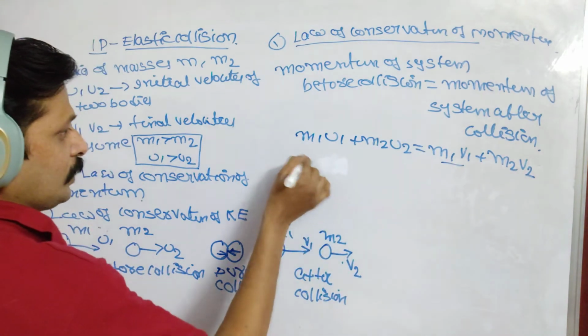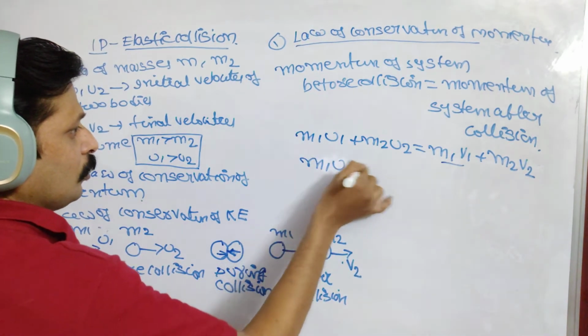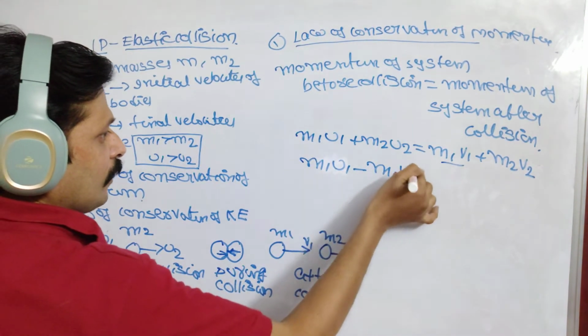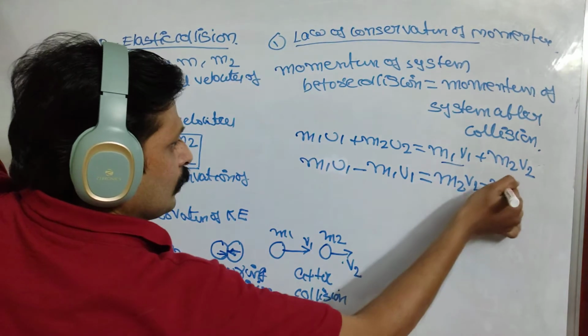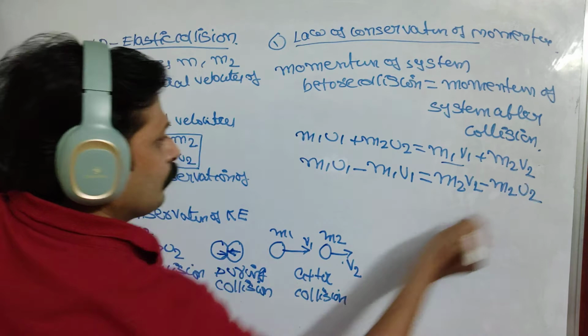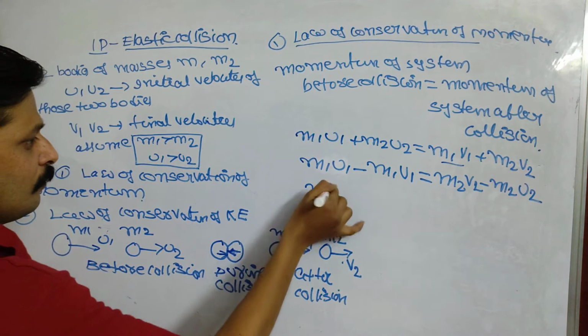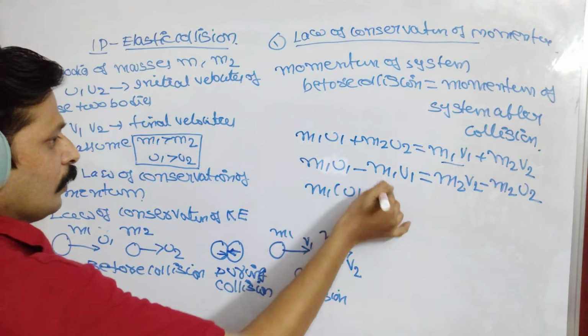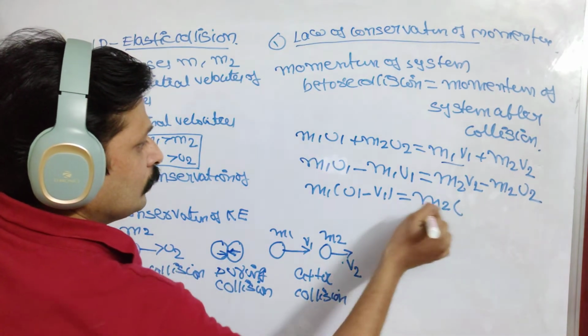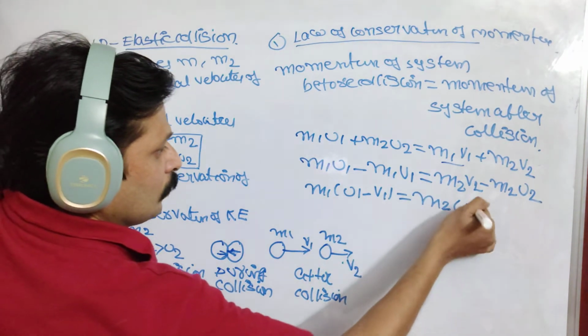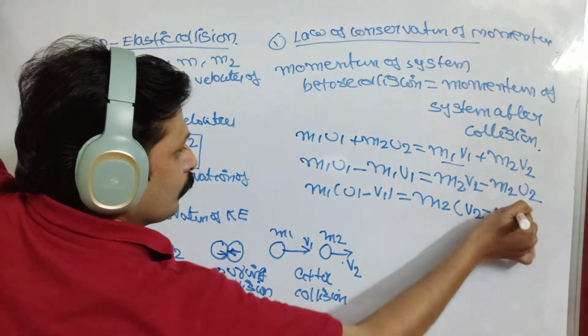Move this term to the left side: m1 u1 minus m1 v1 equals m2 v2 minus m2 u2. Now take the common factor: m1 of (u1 minus v1) equals m2 of (v2 minus u2).